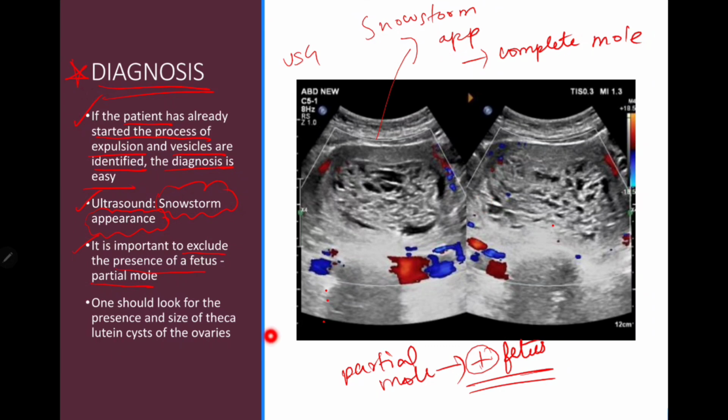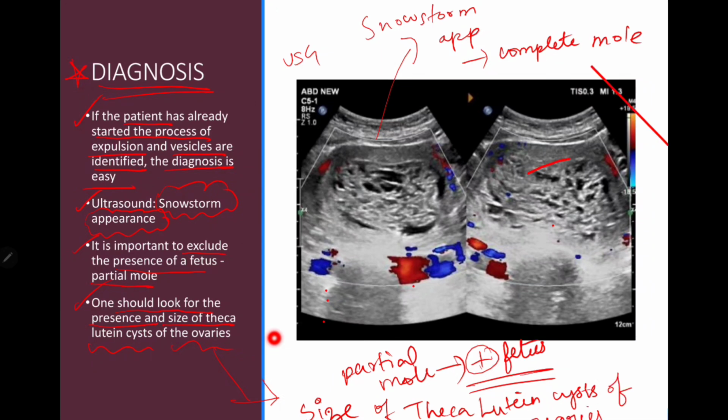One should also look for the presence and size of theca lutein cysts of the ovaries.